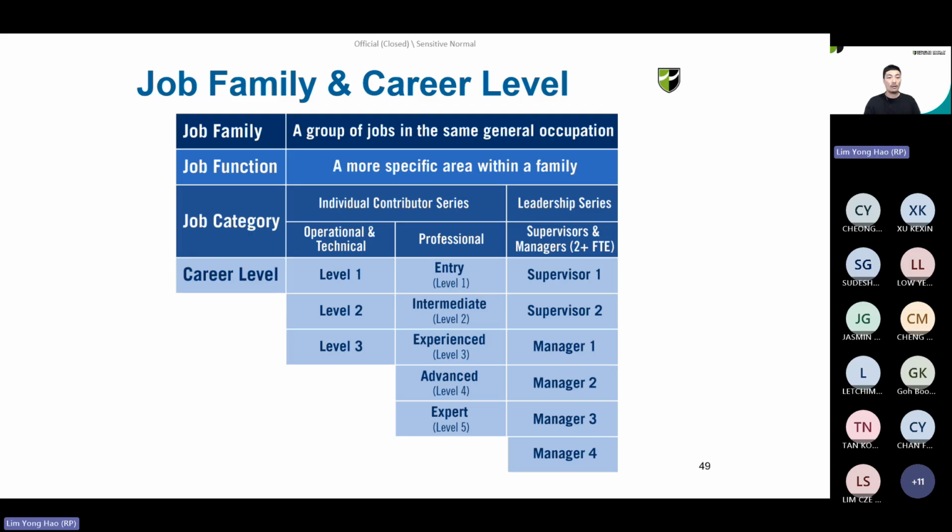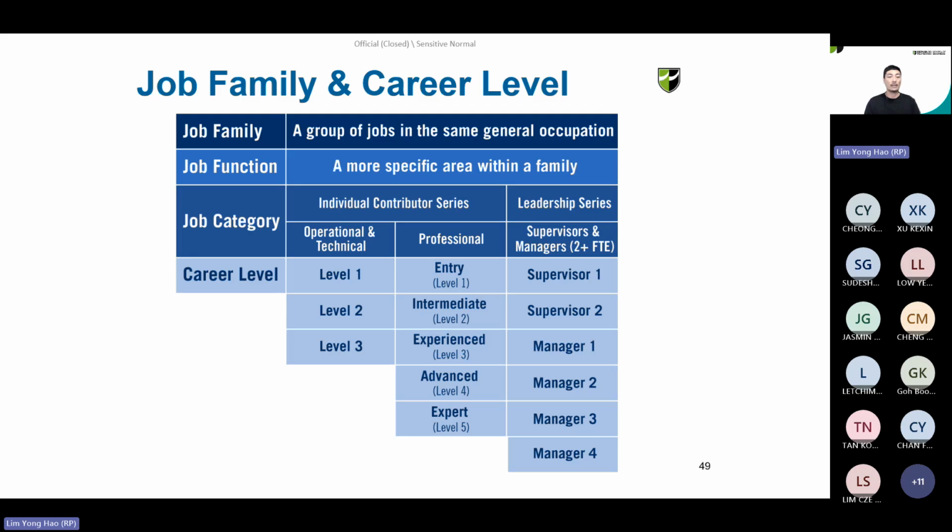So if you look at career levels, this is an example where, let's say in this company there are three different types of jobs: operation, technical, professional, supervisor. Then they may have different career levels. Very seldom do you have this. They probably are all put into one type of career level rather than multiple career levels.